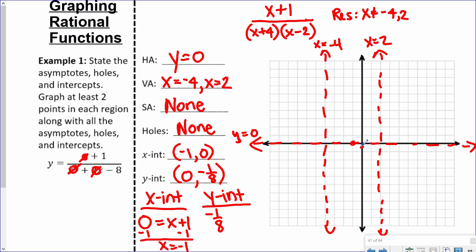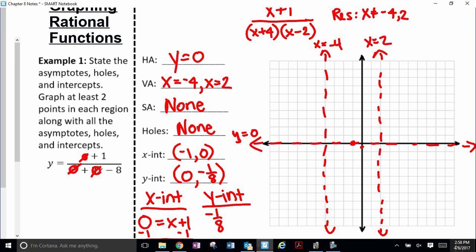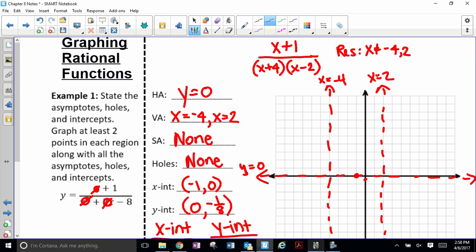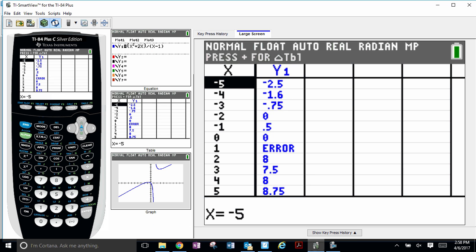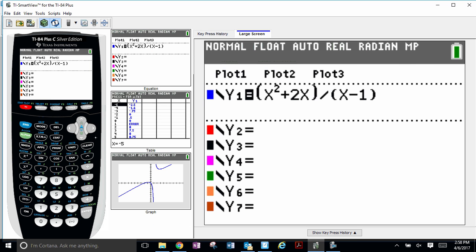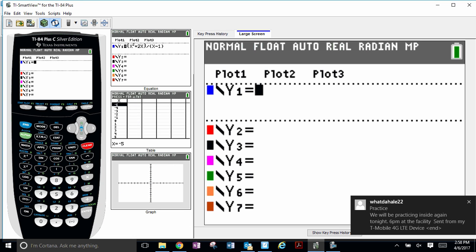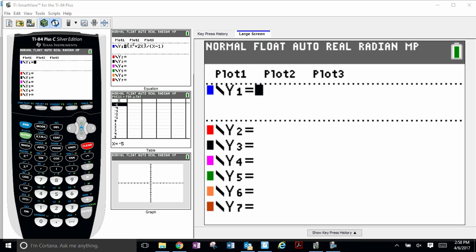Okay. All right, now let's go to your graphing calculator. And we're going to go to the y equals and clear anything that you have. And we're going to type the function, but make sure that you use parentheses as needed.